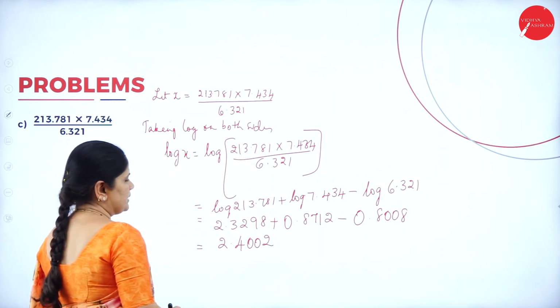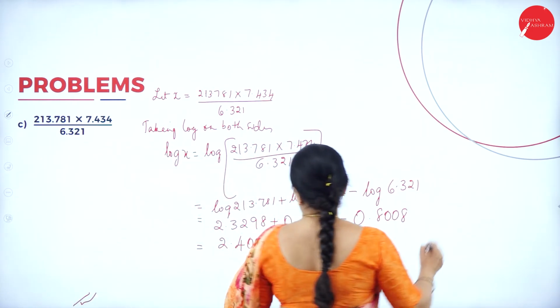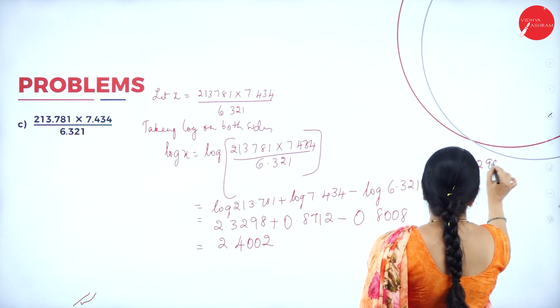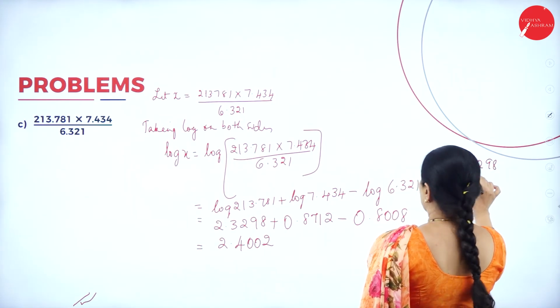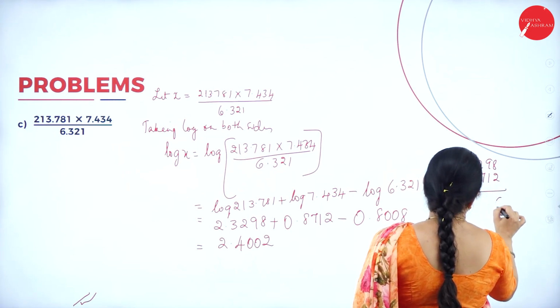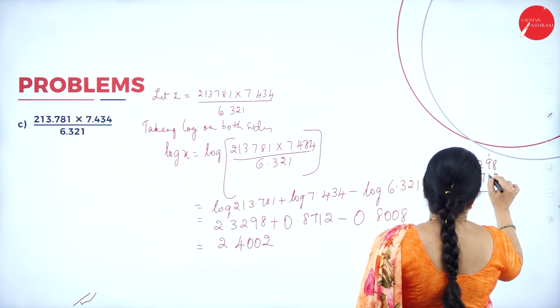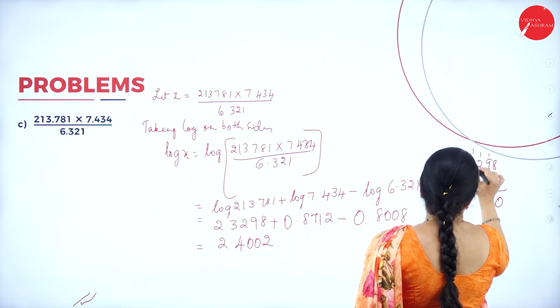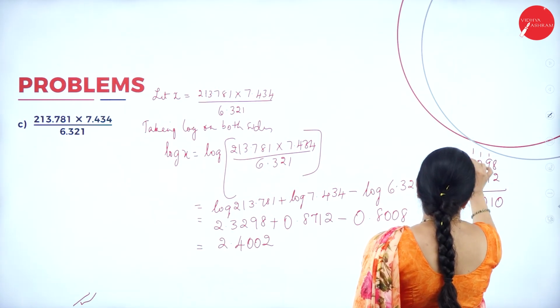How do I simplify this? I will add it here. So, 2.3298 plus 0.8712. 8 plus 2, 10, borrow 1. 9 plus 1, 10 plus 1, 11, borrow 1. 10, borrow 1. 12, borrow 1.